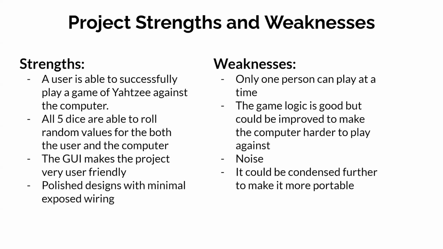Some of the weaknesses our project has is that only one person can play against the computer at a time. An improvement that could be made is allowing multiple people to play a game against each other. The game logic we have is good, but could be improved to make the computer a harder opponent to play against. The amount of noise our system makes could also be improved, and our system could be physically condensed further to make it more portable.